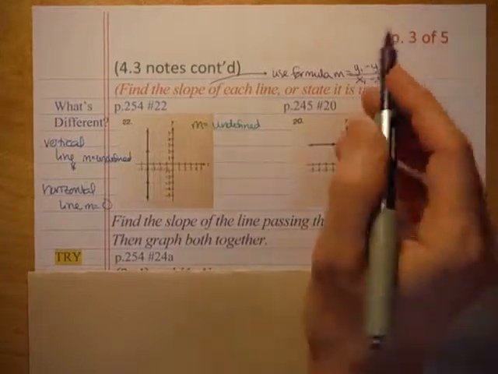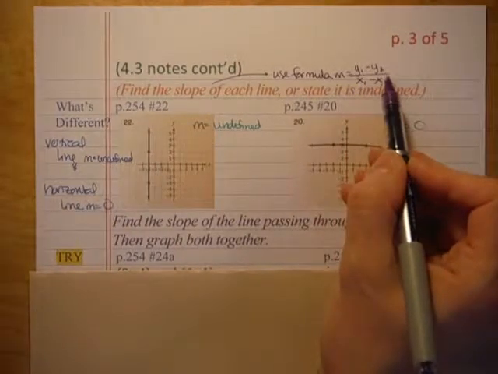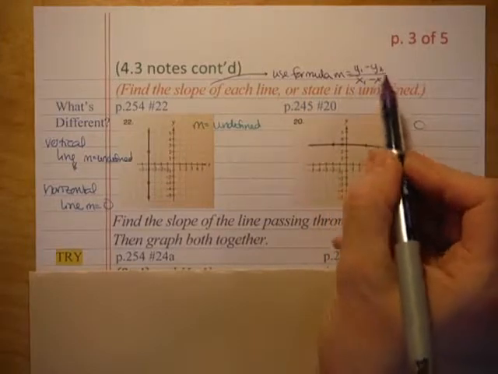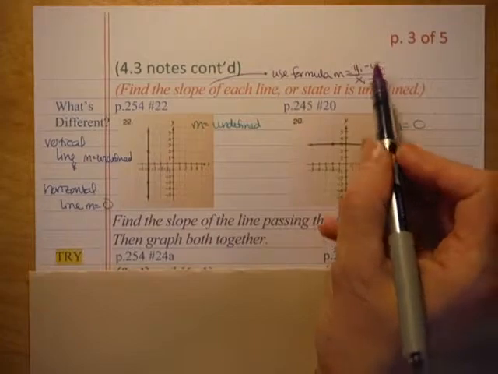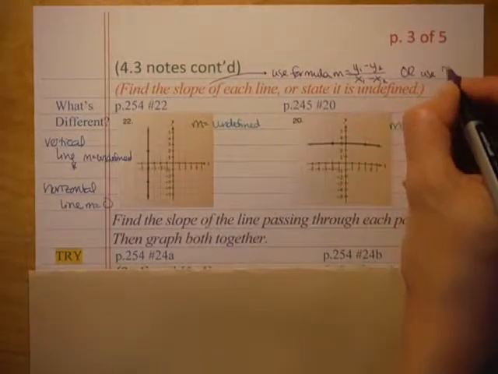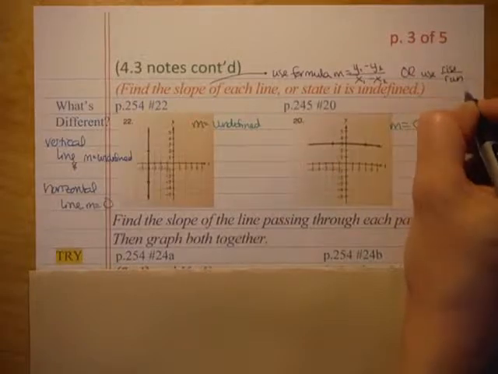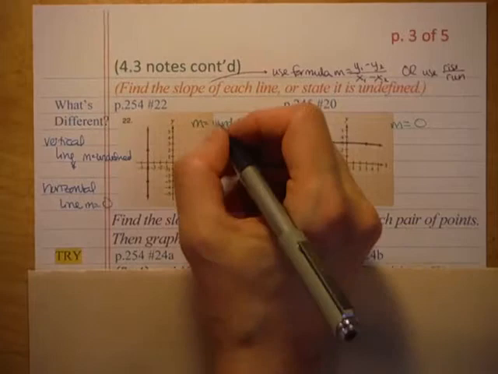Again, order doesn't matter in terms of whether you do first point minus second point or second point minus first point, as long as you line them up. So this right here, I have first point in both y and x minus the second point in both y and x. Or I can use a visual count off of rise over run as I move from point to point on the graph.